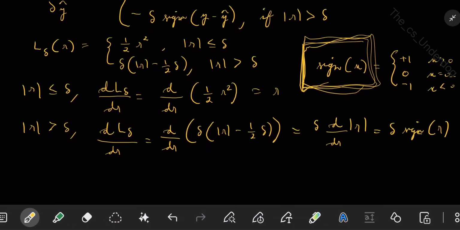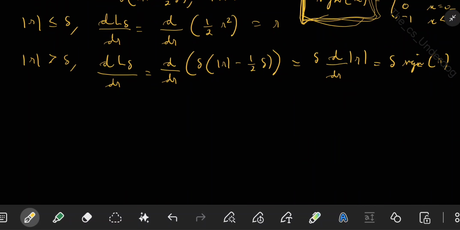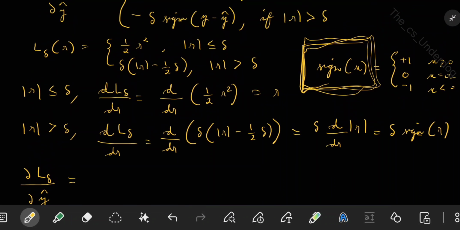Now we are going to apply the chain rule and try to solve this. How are we going to apply the chain rule? First thing, what are we going to find? Del L delta divided by del y cap. This is what we actually want to find. So your loss is this term, and you want to find the derivative with respect to one particular prediction y cap, right?